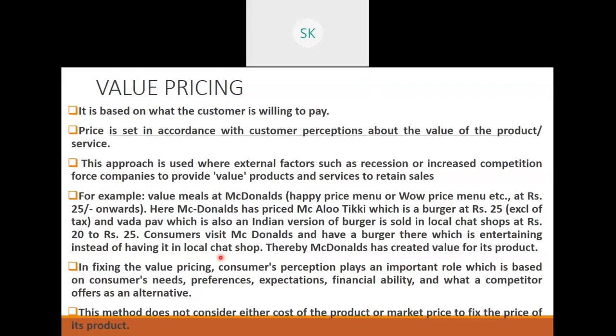Let's say I want to buy a very good pair of shoes. Can I afford to buy it? That is the first question. Even though I very badly want to buy a pair of shoes, whether I can afford it is a big question mark. Even if I buy the shoes, when will I use them?